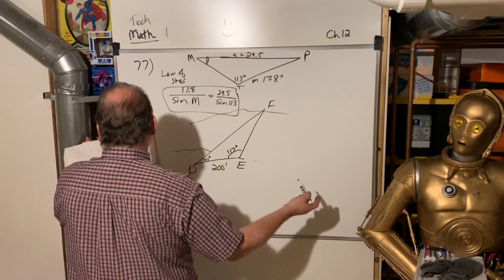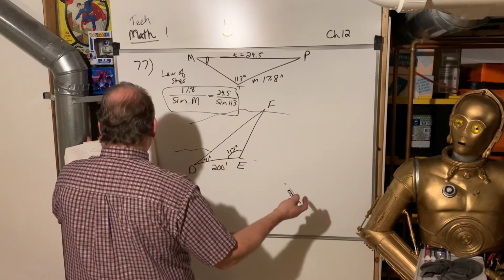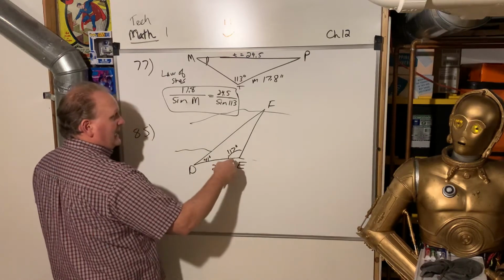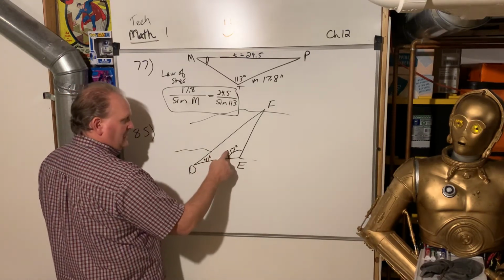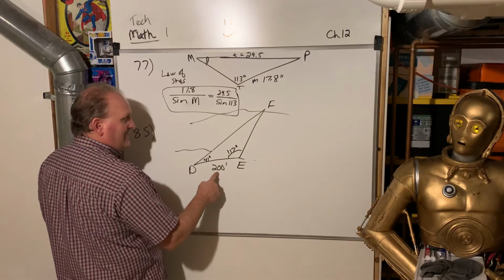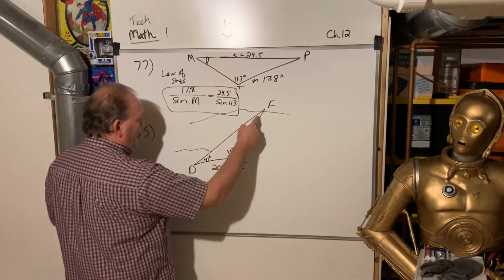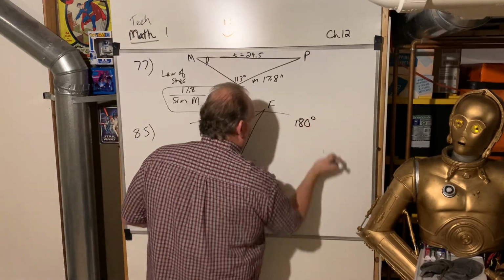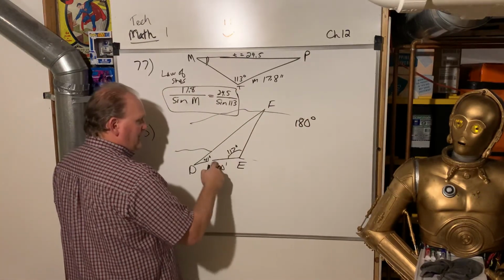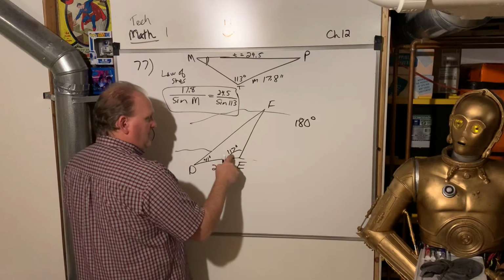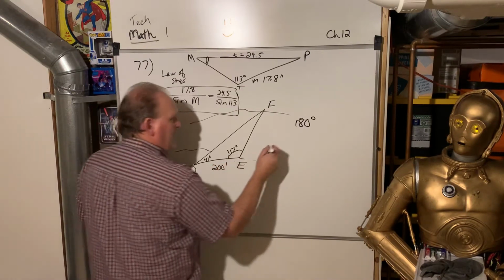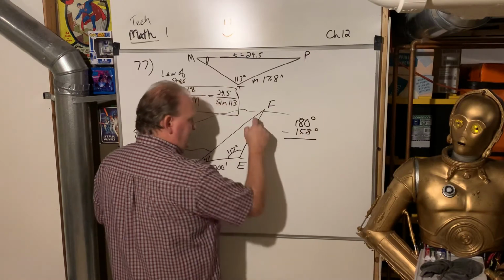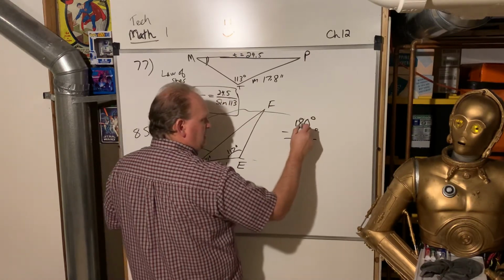So find EF. What would you do to find EF? Well, if I have two angles of a triangle, I have all three. Remember, that was the very first thing that we did in this chapter. So 180 degrees, if I got two angles, I got all three. That's 158, and we subtract it to find that missing angle right there.